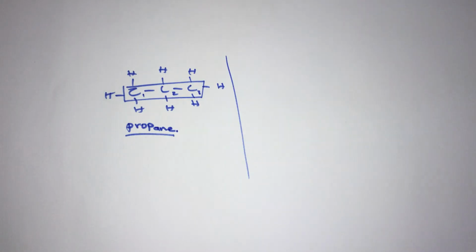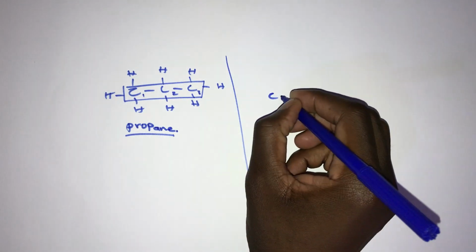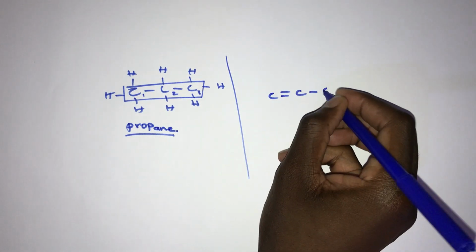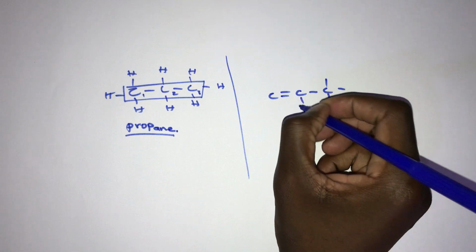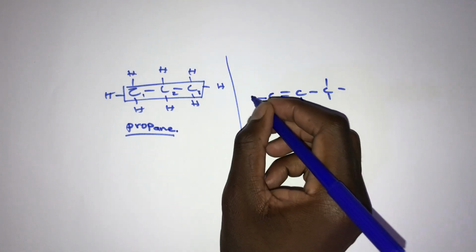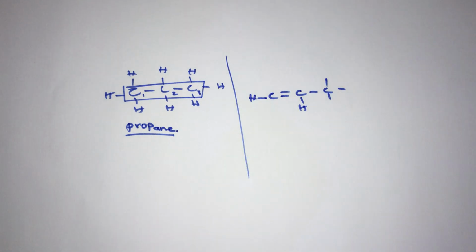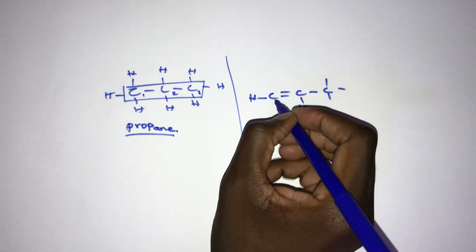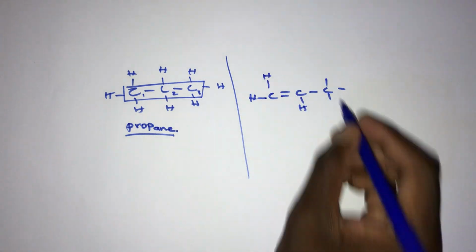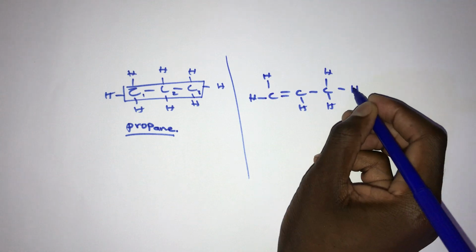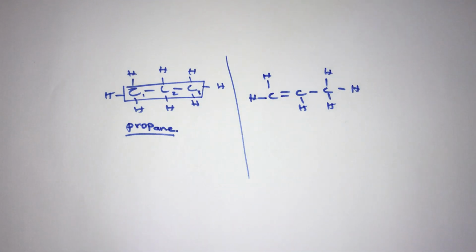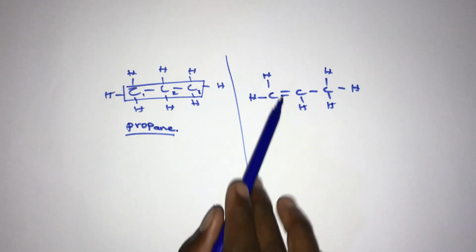Let's check another one. So make sure that the carbon atom bonds up to 4. Not more than 4, not less than 4. So now let's check this one. This one has a double bond.